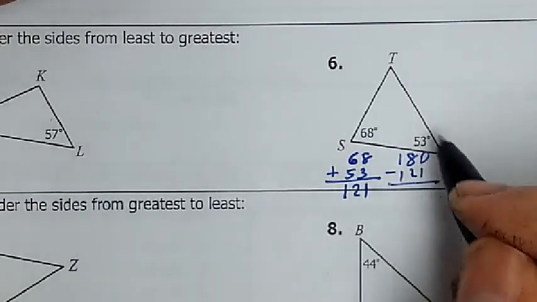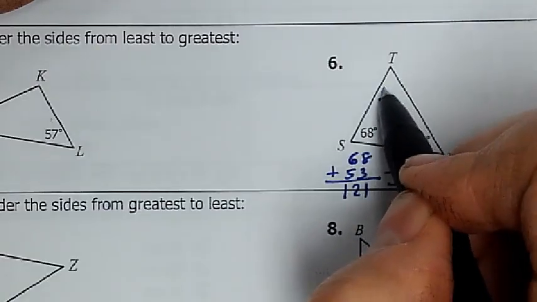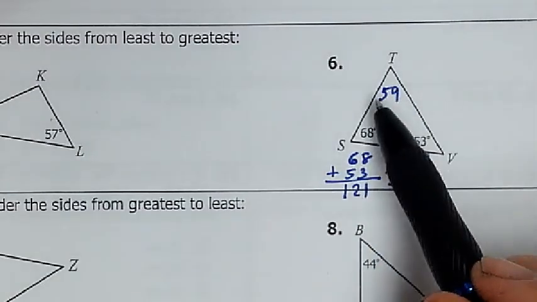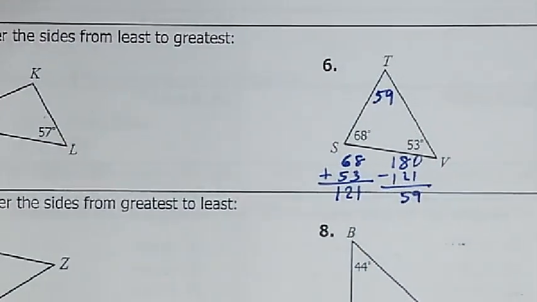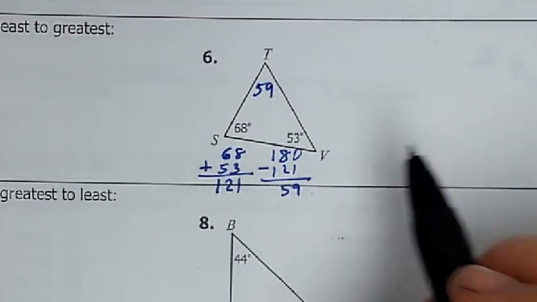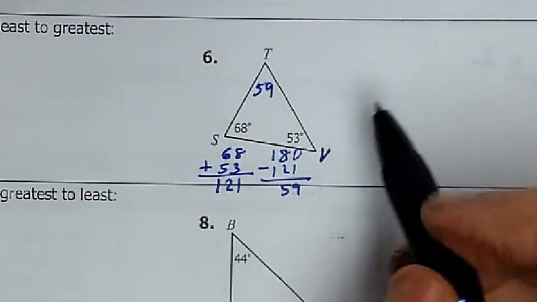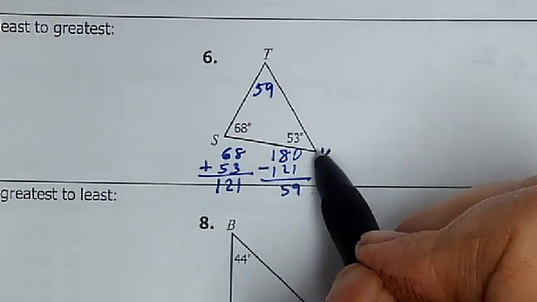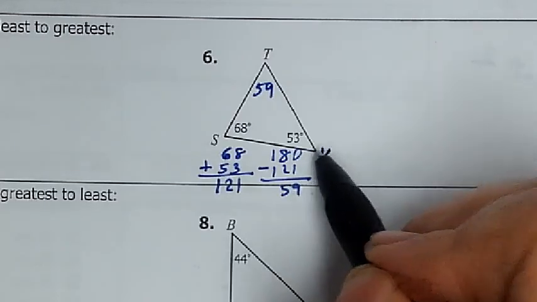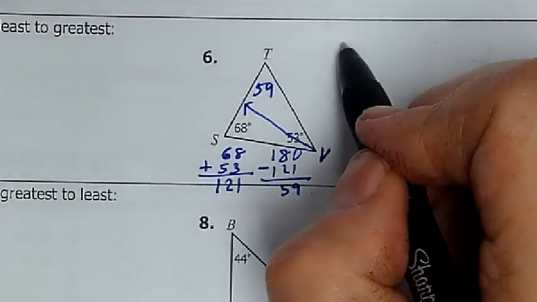Now you know the order of the angles. What about their sides? What's the smallest angle? It's V. Since V is the smallest angle, 53, what side is opposite the smallest angle? You put line segment ST. Now what's the next angle in order?